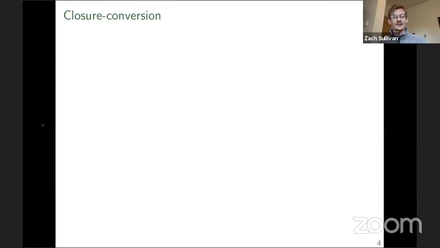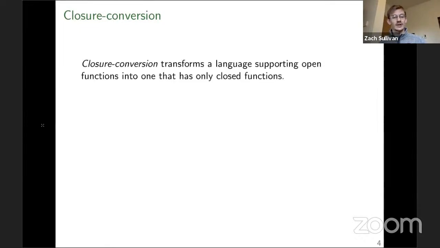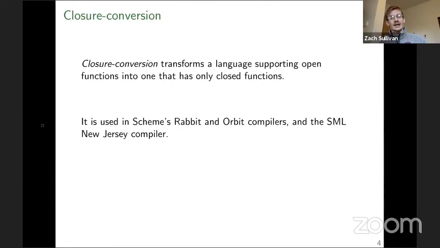This process of making closures explicit in the language is called closure conversion. It transforms a language with open functions, that is, ones containing free variables, into functions that are completely closed. And it's used in Scheme's Rabbit and Orbit compilers, as well as SML New Jersey.